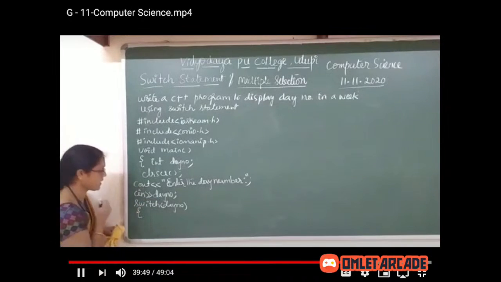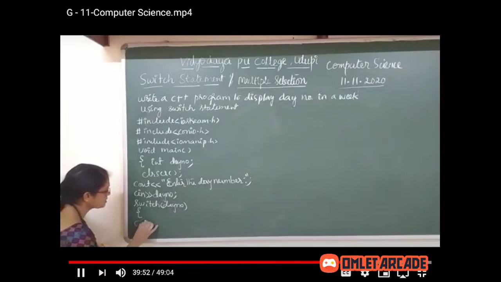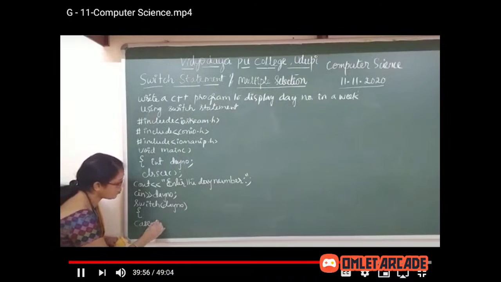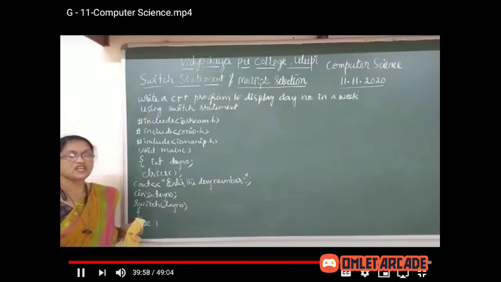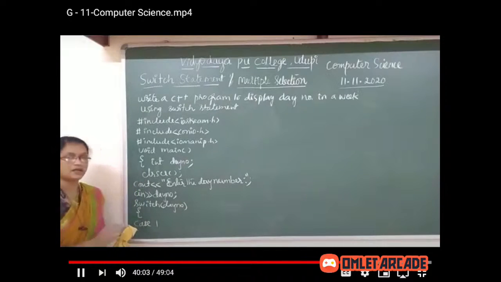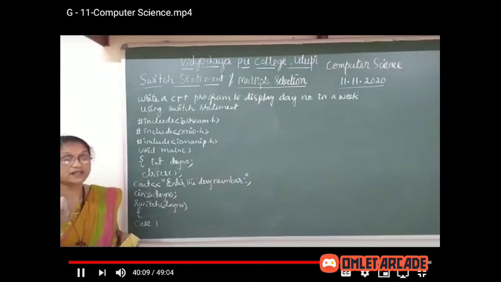Okay. So next, open flower bracket. Case is the keyword; leave one space. See, if it is a character, it should be within single quotes. If it is a digit, there is no need for single quotes. Directly you can write case 1. If it is a character, then you have to use single quotes.